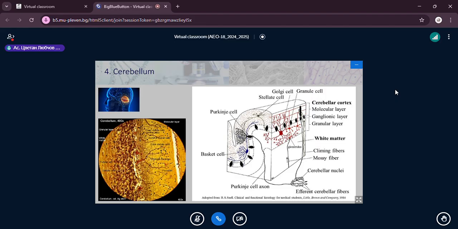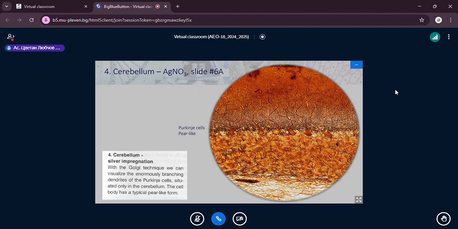The gray matter is separated into three different parts. We have the molecular layer, ganglionaric layer, and granular layer, guys. But important here to know, not the names of the layers yet, but that the cells in the middle are called Purkinje cells. Purkinje cells are very interesting. You're going to see them now. They look like pears.